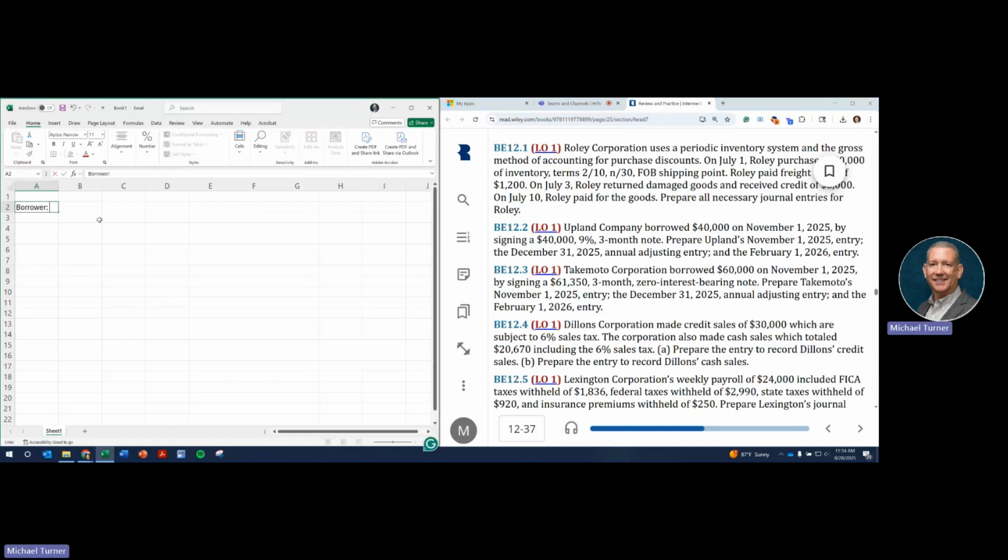So the borrower is Takamoto Corporation. So we are acting from the standpoint that we are Takamoto. The amount borrowed is $60,000 in cash. The date of the note is November 1st, 2025.